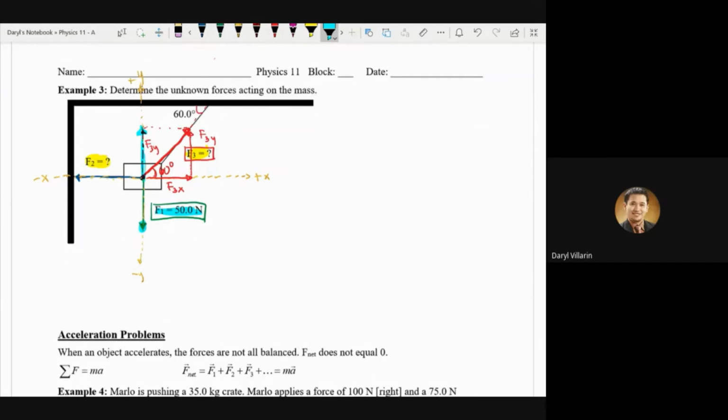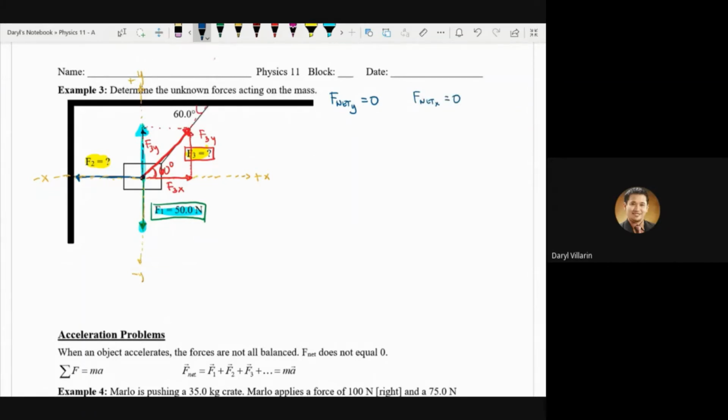So with that, without actually solving, I know that the magnitude of F3y is equivalent to 50 newtons. Again, the box doesn't move in this case. That means the net force along the y is equal to 0, as well as the net force along x should be equal to 0.